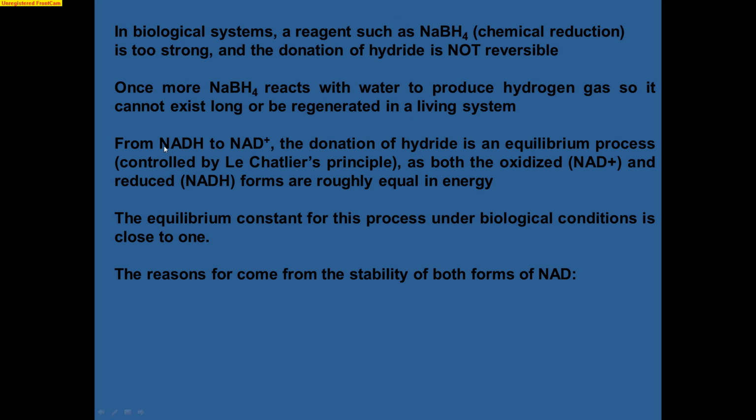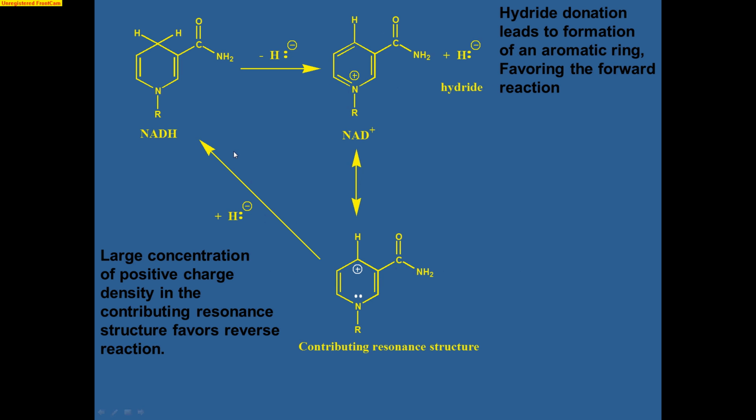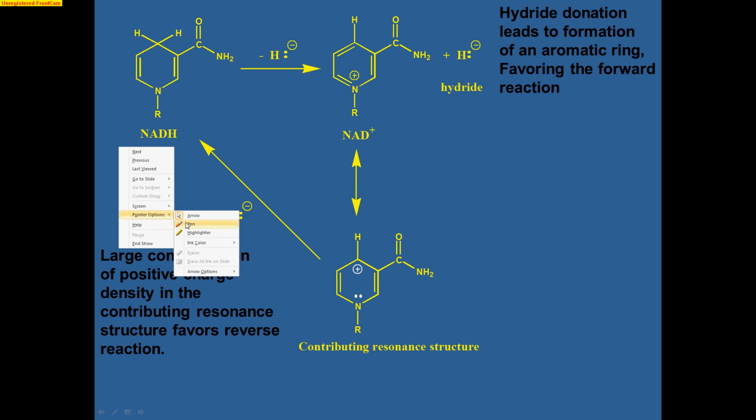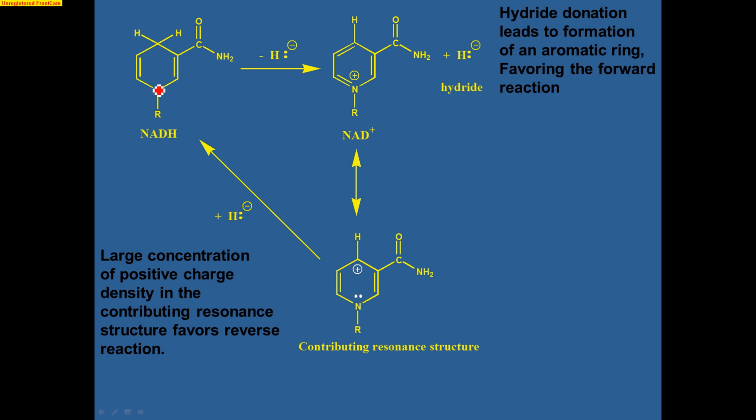Okay. So this just states what I've already said, that in biological systems we don't have sodium borohydride, but the key reagent for doing these types of oxidations and reductions is NADH. So this just shows what I've talked about already, in that you're starting here with this lone pair, and then this can come off as a hydride to give you a molecule that looks like this.